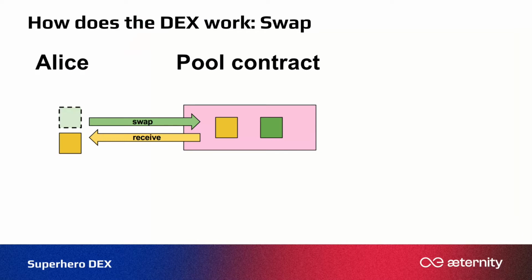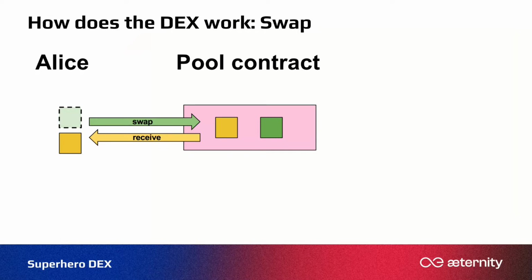So how does it work on a technical level? There is a pool contract here. You can see it illustrated as the pink rectangle, and it contains two reserves. So liquidity reserves. Here in this case, a yellow token and a green token.